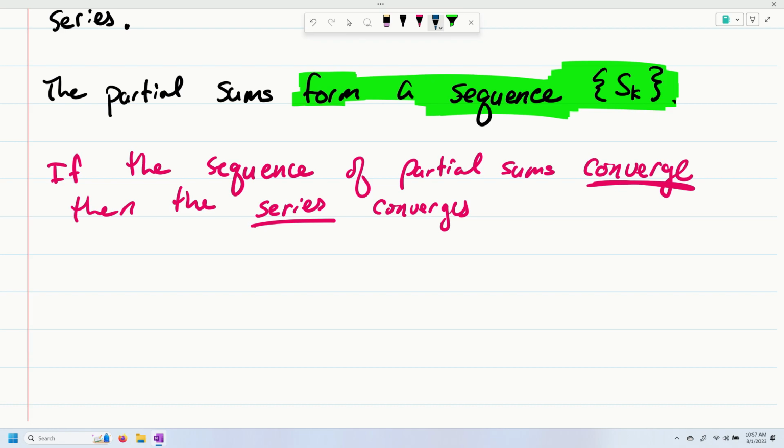And on the other side, they can both be divergent.